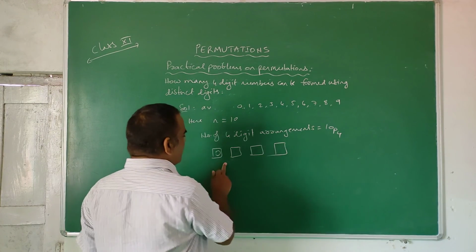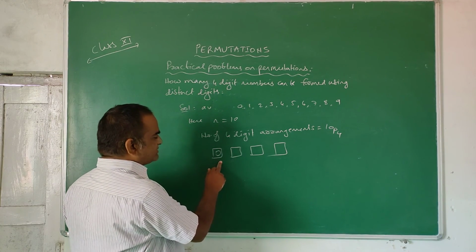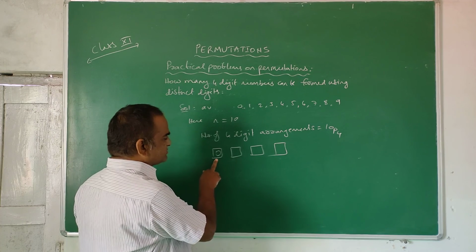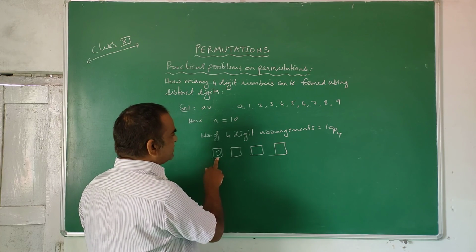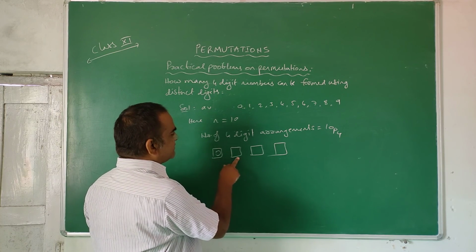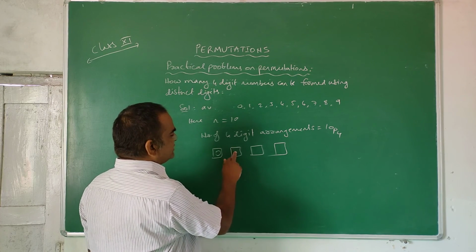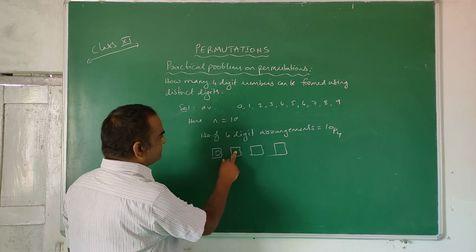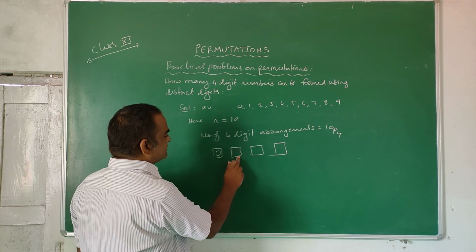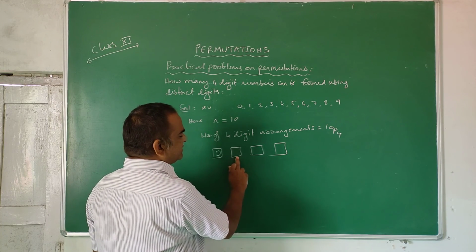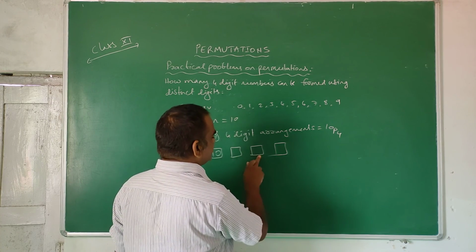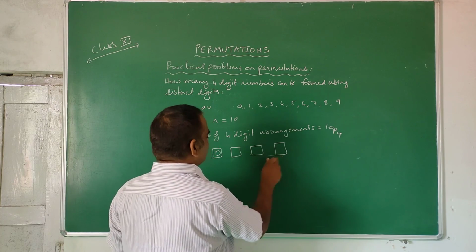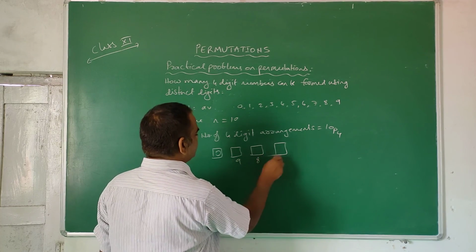So now I am counting how many permutations hold 0 in the first position. When 0 is here, in how many ways can the next position be filled? This can be filled in 9 ways, this in 8 ways, this in 7 ways.